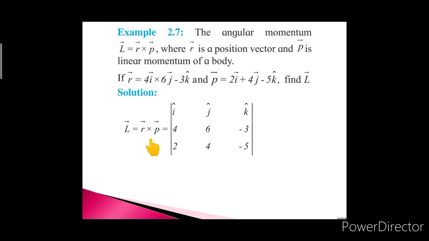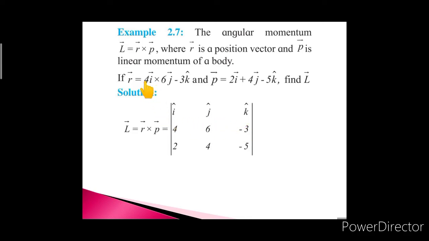So the next step is to write the determinant. The first row we have to write unit vectors i cap, j cap and k cap. In the second row we write the magnitude of the first vector, vector r, along x, y and z axis.